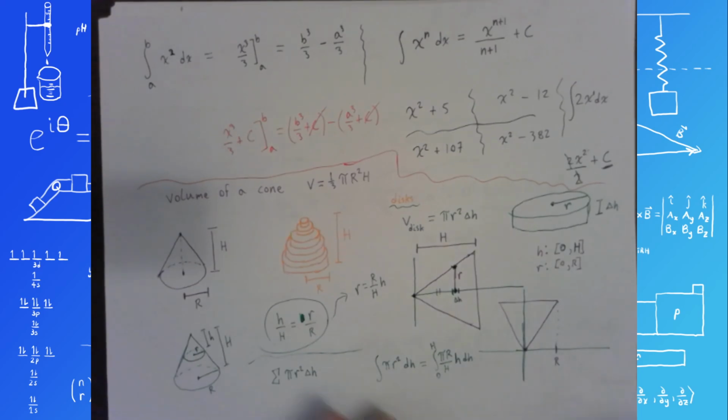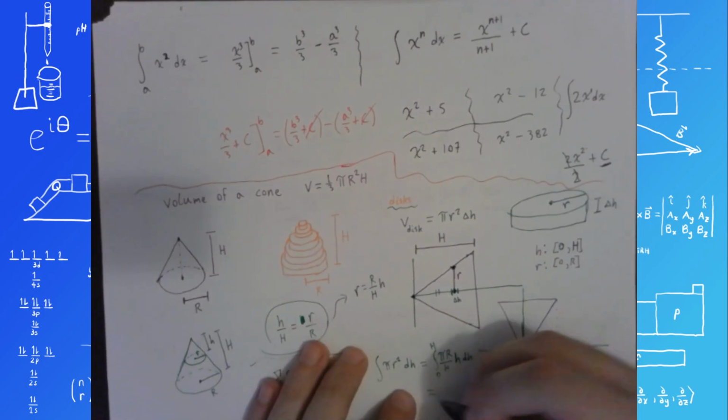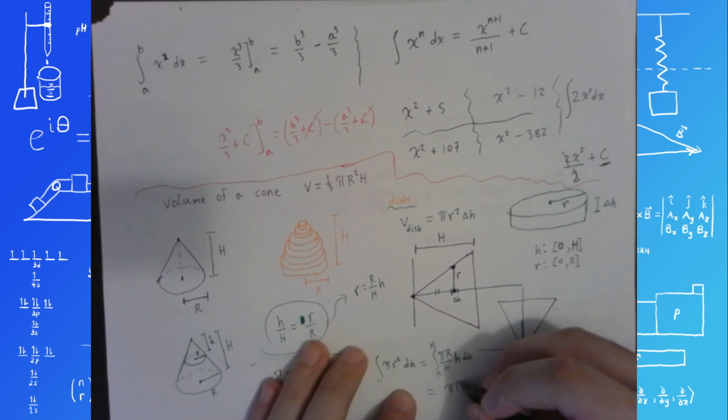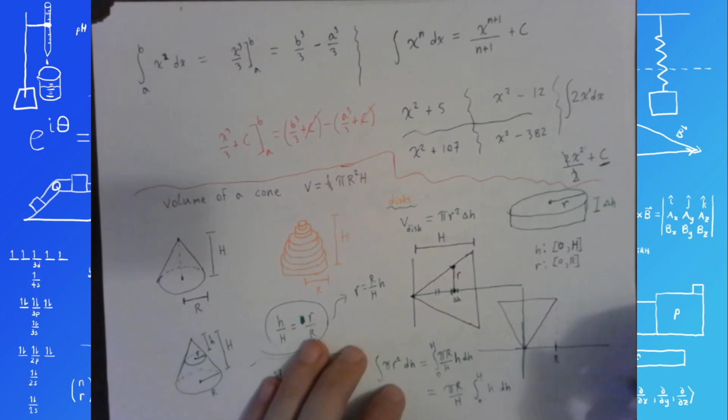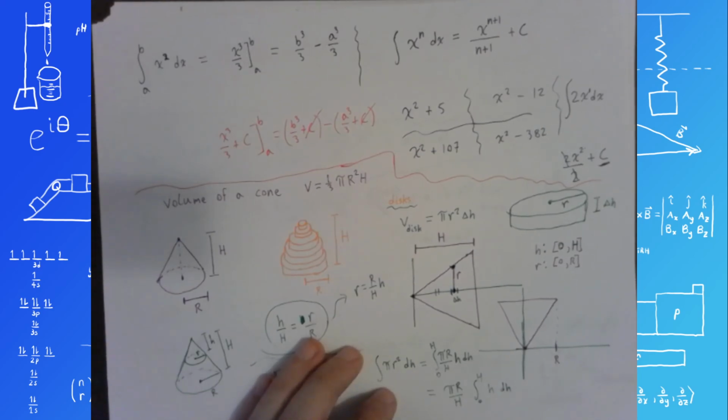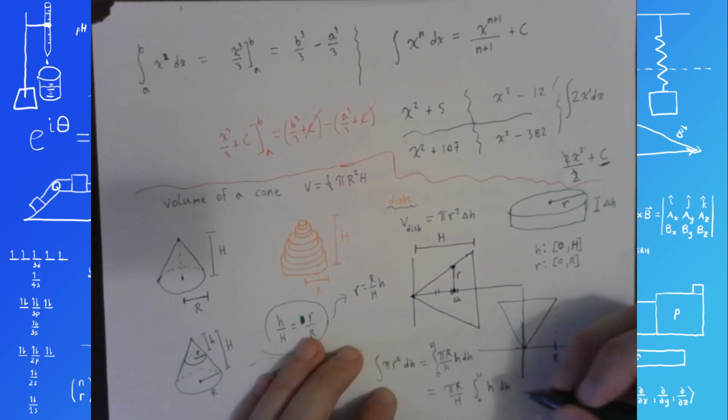I can factor out pi big R over big H, and now all I have to do is the integral of little h with respect to h. Okay, so this is just a polynomial function. It's h to the first power.